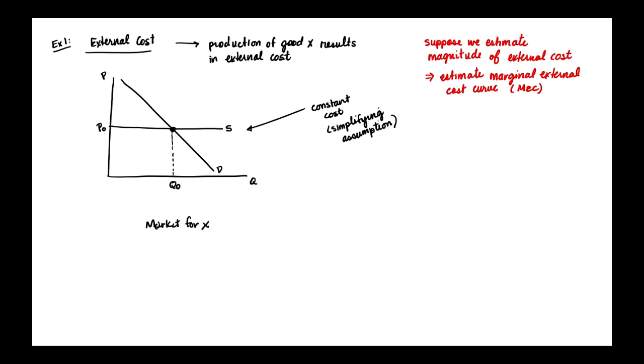So basically, understand what we're saying is that we've estimated the magnitude of the externality incrementally, right?